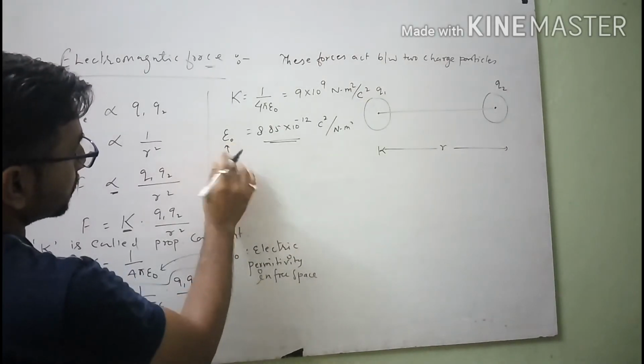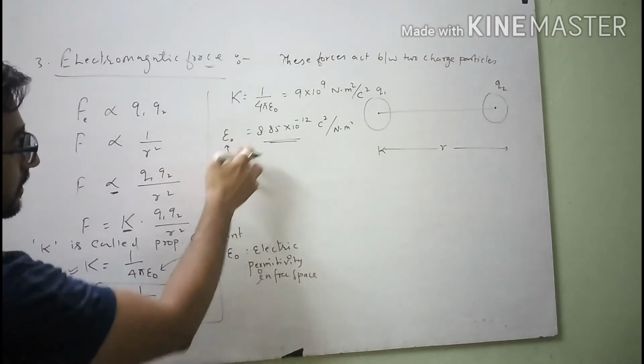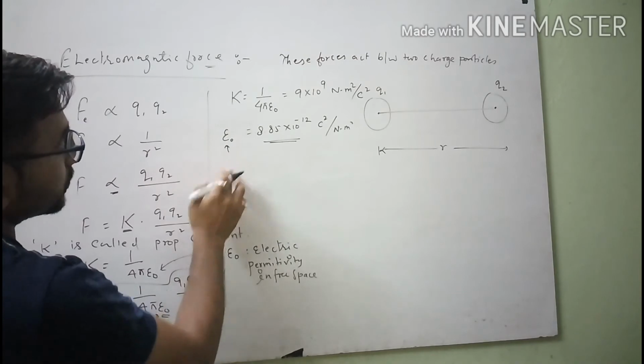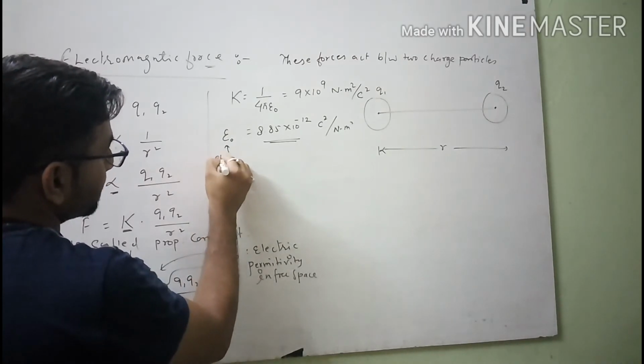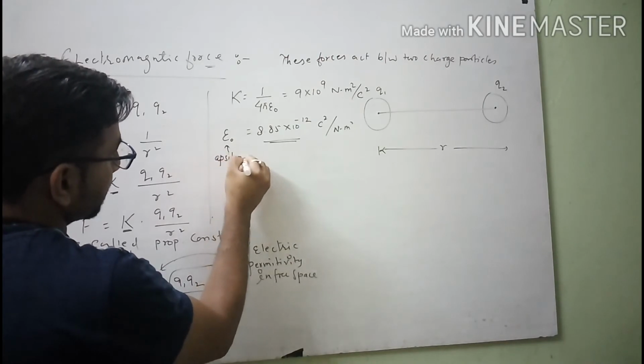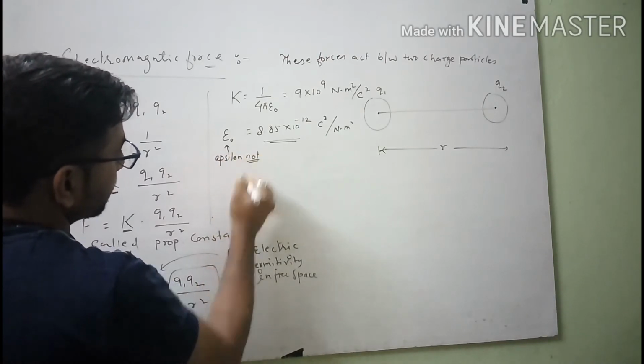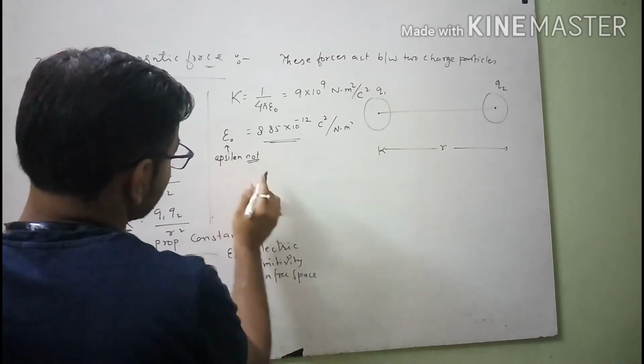When we read this symbol, we use the word epsilon naught. Naught means for vacuum. Clear student?